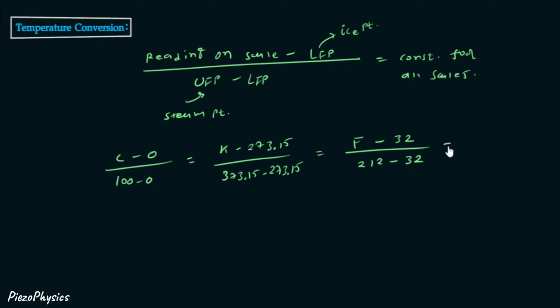That will be constant for all scales. So this is our main general formula to convert any temperature. We can add any general temperature scale, which can be x minus T lower divided by T higher minus T lower.